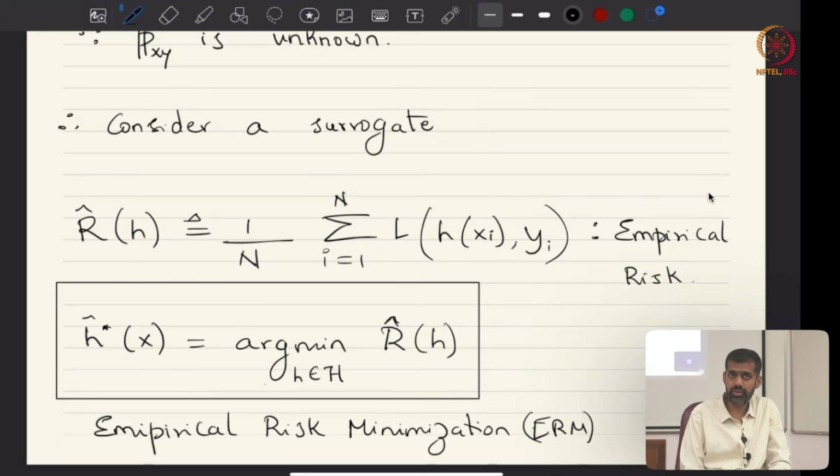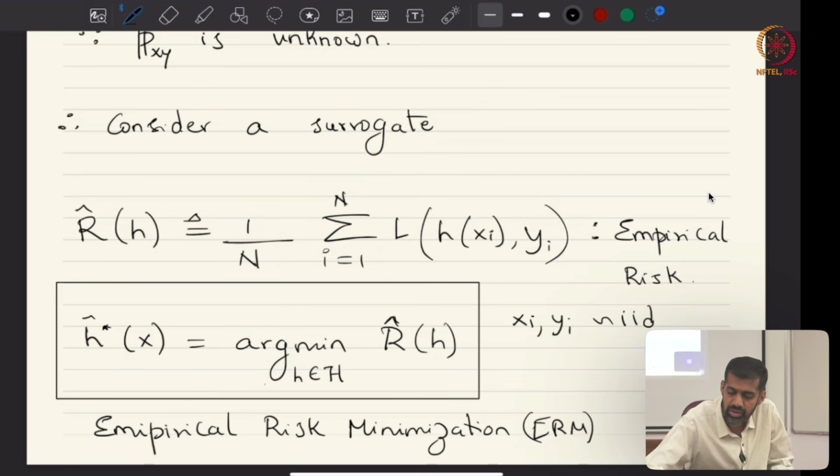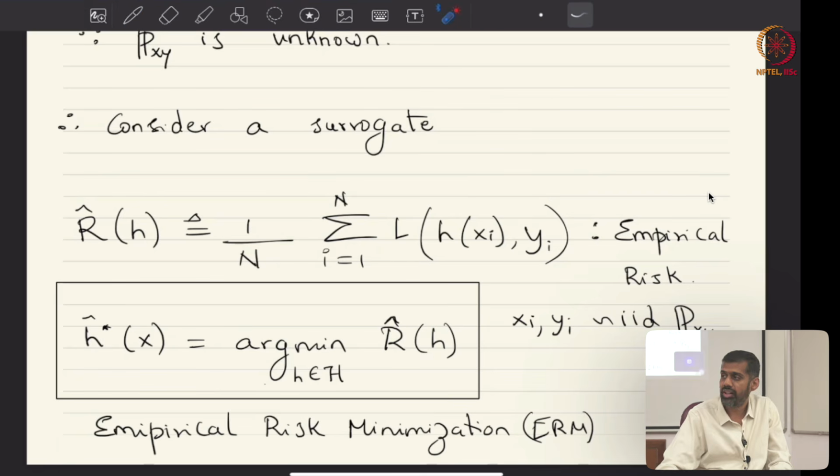Okay, so the true risk cannot be computed. Of course, here we have to write that your x_i and y_i are sampled IID from p_XY. Otherwise, statistics does not guarantee that these are equivalent. So this is called empirical risk minimization. From an algorithmic standpoint, what do you do?